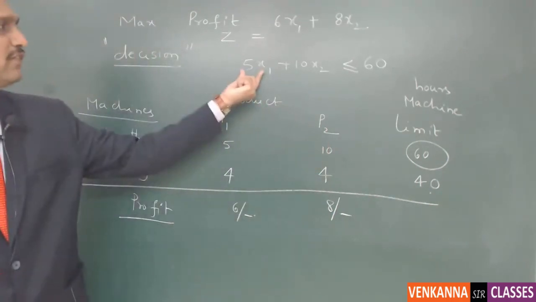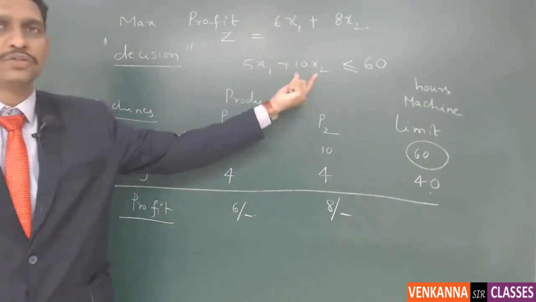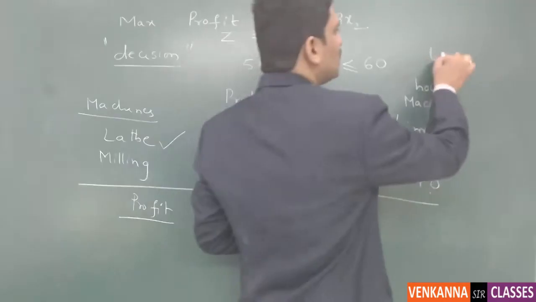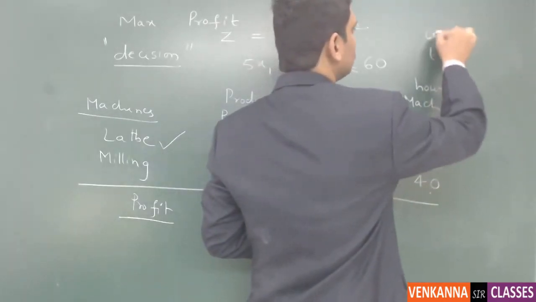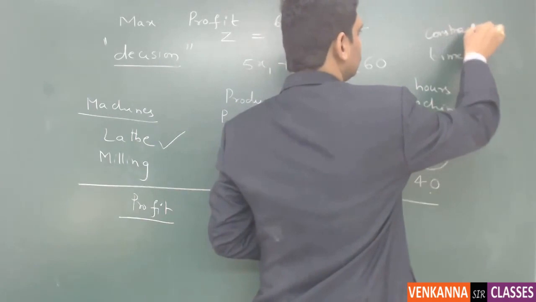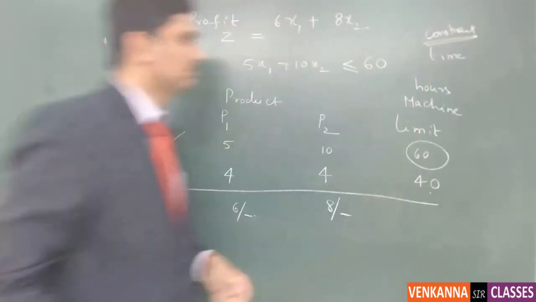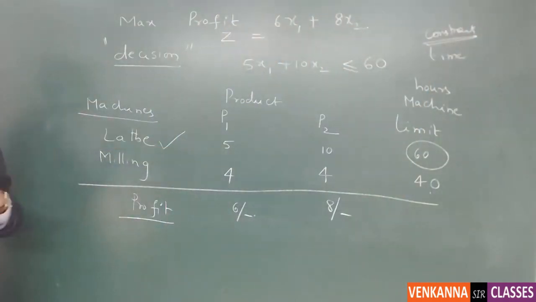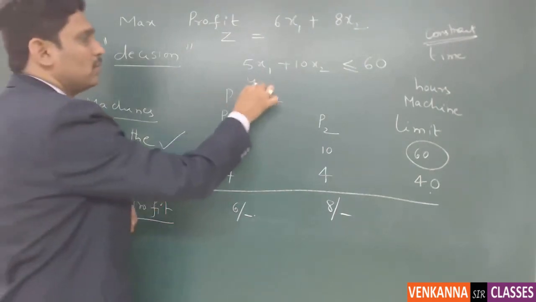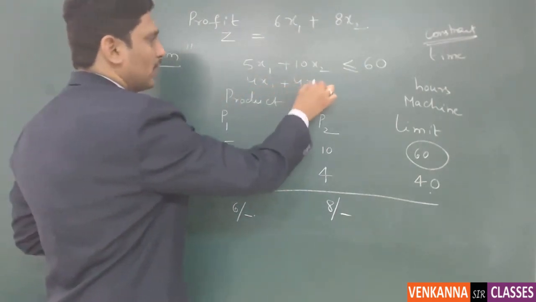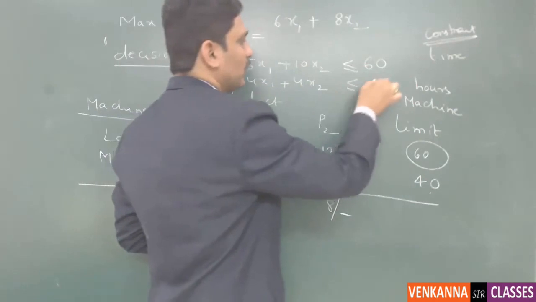So this is total hours, 5x1 and 10x2. This we call a time constraint. Similarly, for the second stage, you have 4x1 + 4x2 ≤ 40.